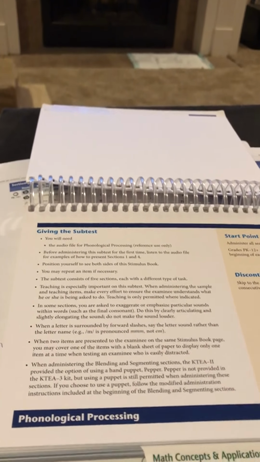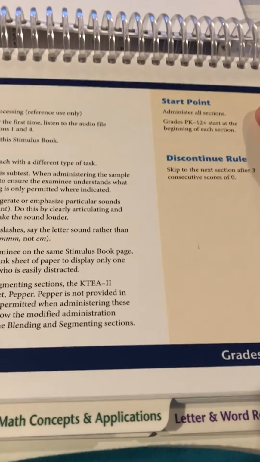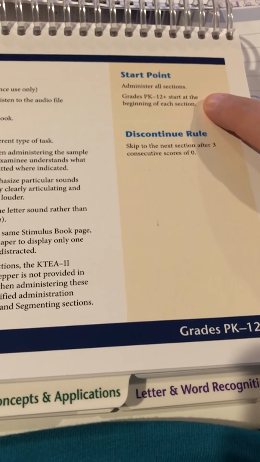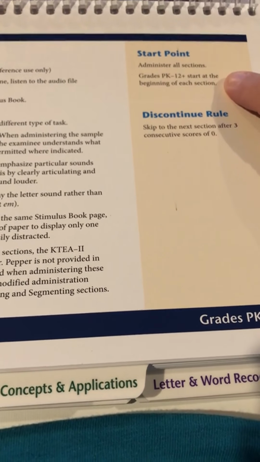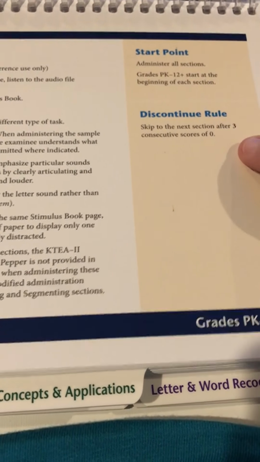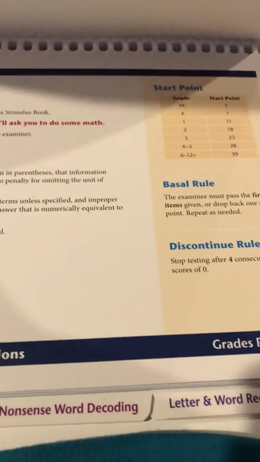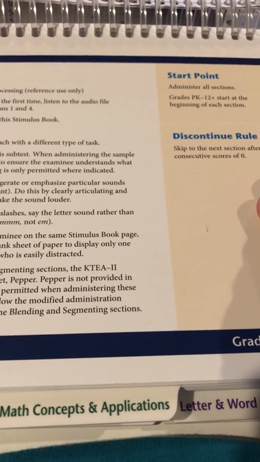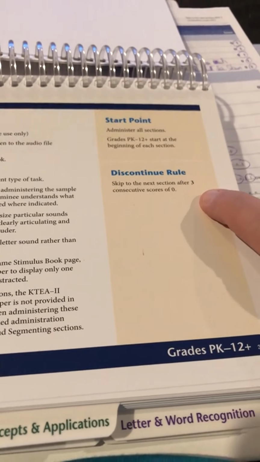So for phonological processing, it always gives you your start point and when to discontinue. You'll administer all sections. Grades pre-K through 12 plus, they all start at the beginning of every section, so we don't have a different place to start. And you end this section and go on to the next section of the test after 3 consecutive scores of 0.